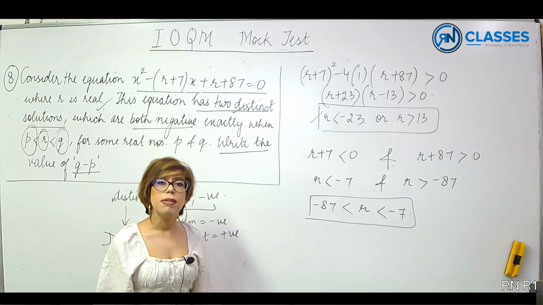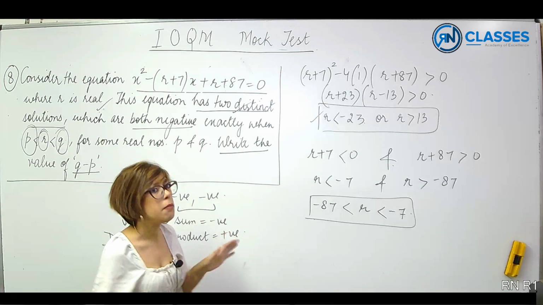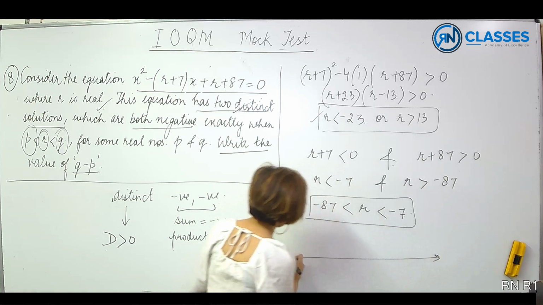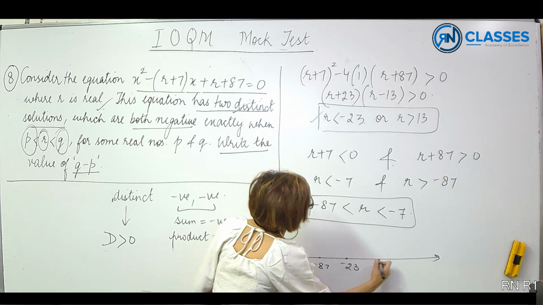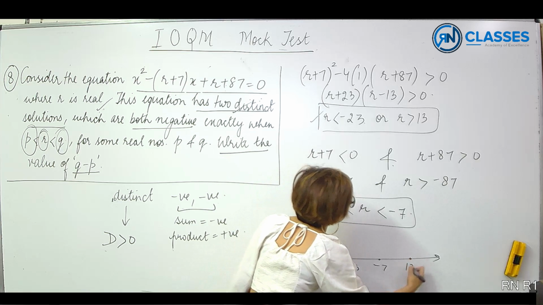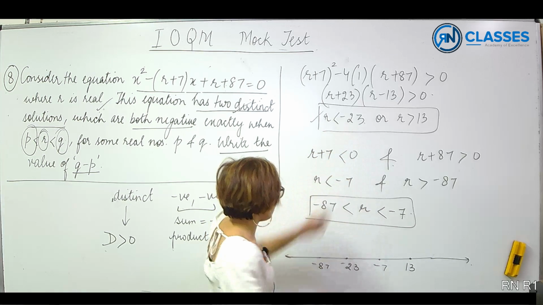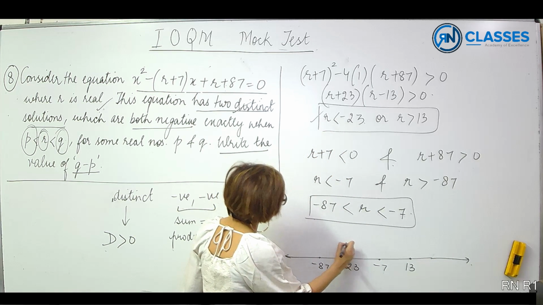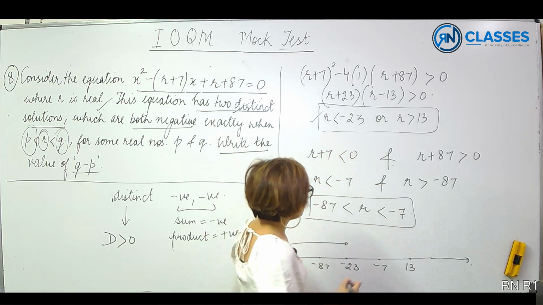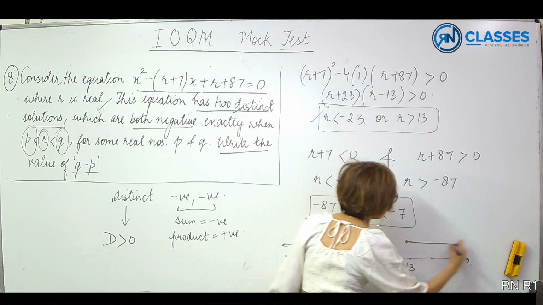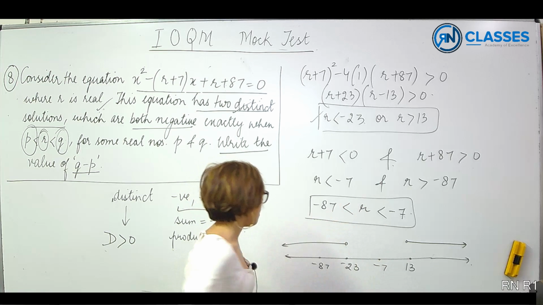Second condition. Right? Both of these conditions have to be satisfied. Now, if both of them have to be satisfied, maybe I can have the number line, or if I can see the answer straight away, good for you. But I'll make the number line. Right? So I will mark minus 87, then I'll mark minus 23, then minus 7, then 13. Right? Now, first is R is less than minus 23. So either R is in this one, less than, so obviously there's a hole over here. And R greater than 13. All real numbers greater than 13. Right? First condition. Second, minus 87 to minus 7.